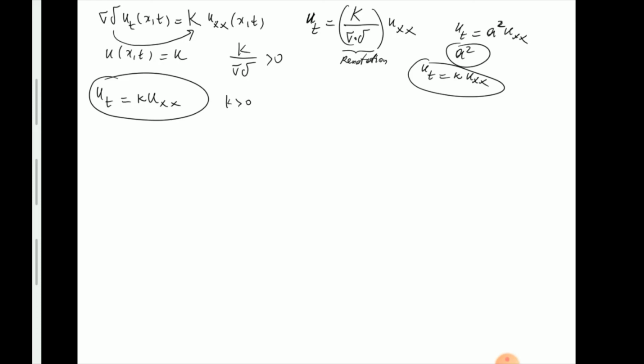You notice that there are plenty of simplifying assumptions, because the heat equation is quite complicated if you leave it as general as possible. If you leave all of these physical constants depending on the location, on the space variable x, it's quite a complicated equation. If you make the simplifying assumptions, then this is the simplest possible form of the heat equation: u partial t equals k u partial x twice.